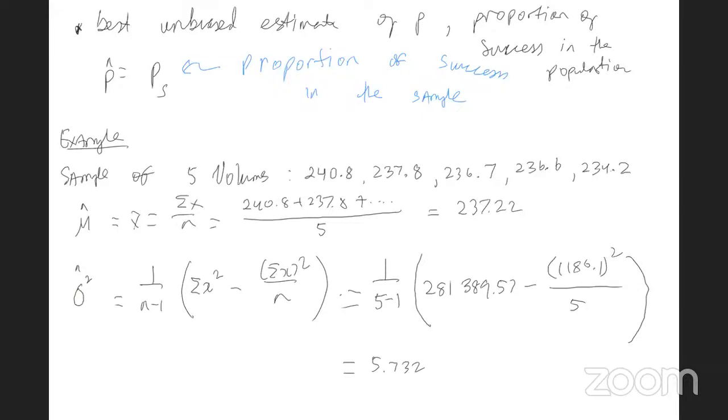But let's check your sum of x squared, right? Remember, you're squaring this, squaring this, squaring this, and adding it up. Try one more time, but just make sure you get those values.